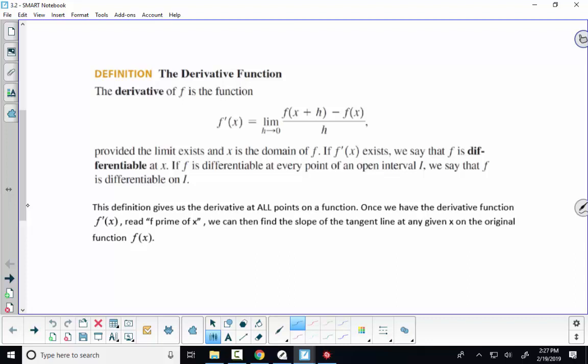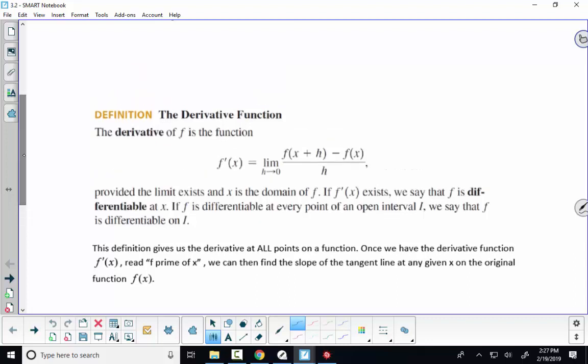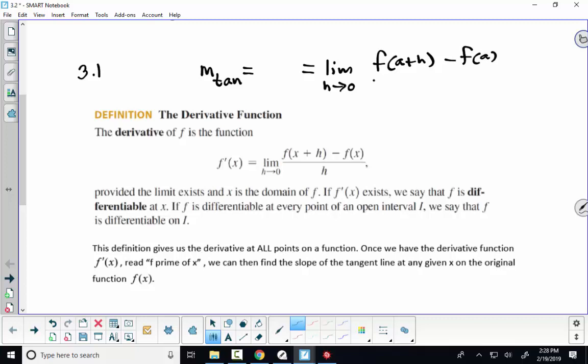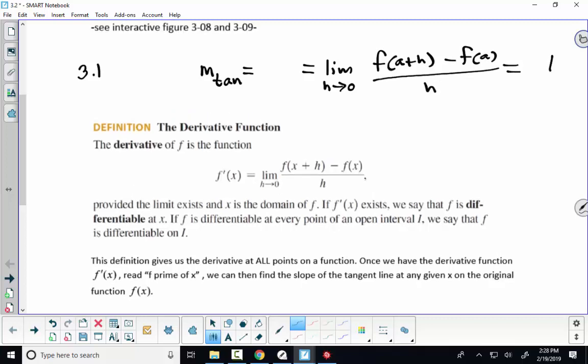So just for comparison, from 3.1, we had that the slope of the tangent line, we'll put that new notation here, was the limit as h goes to 0, and this just outputs a number.